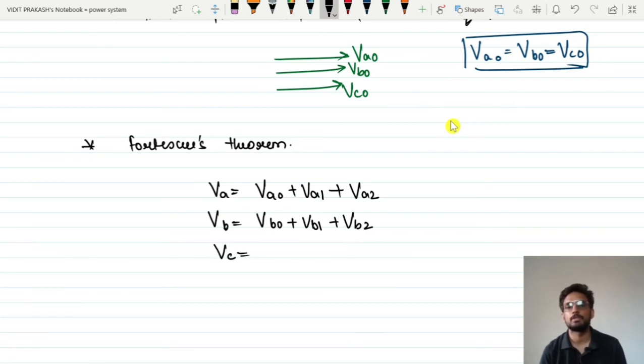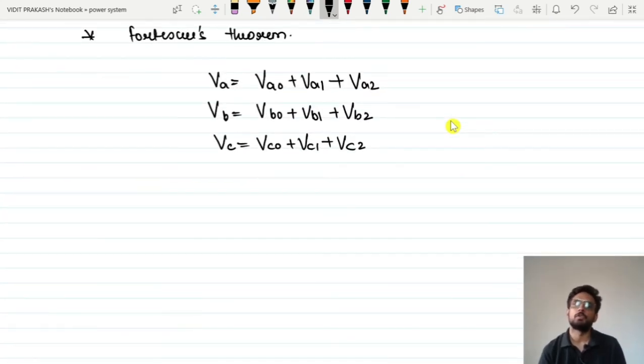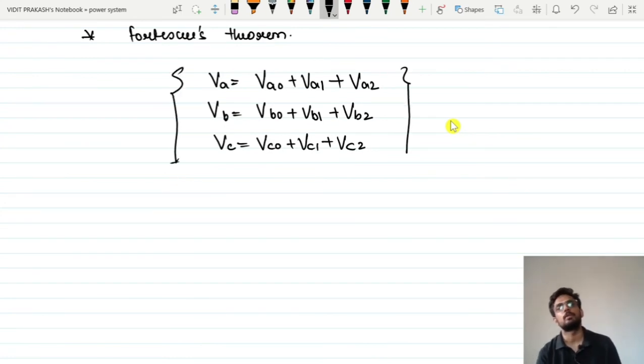What about the third phase? That is VC0 plus VC1 plus VC2. So if I add all the three symmetrical components, you will get the phase voltage. So we can write that phase voltage is nothing but the sum of all the symmetrical components.